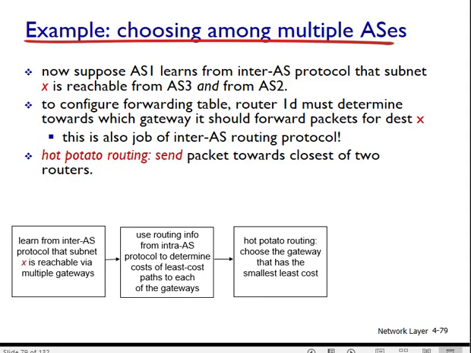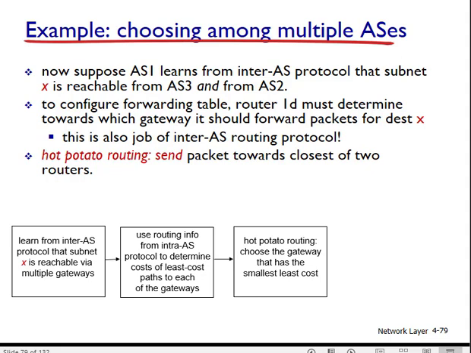When an autonomous system learns about a destination from a neighboring autonomous system, the autonomous system can advertise this routing information to some of its other neighboring autonomous systems. For example, suppose that AS1 learns from AS2 that subnet X is reachable via AS2. AS1 could then tell AS3 that X is reachable via AS1.